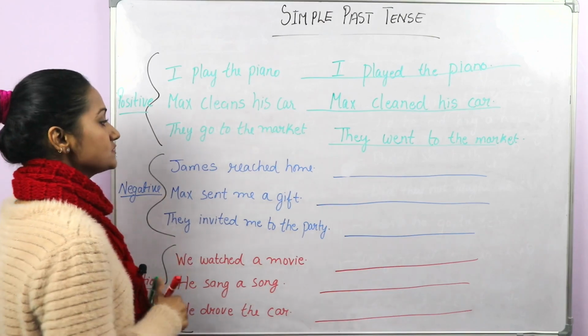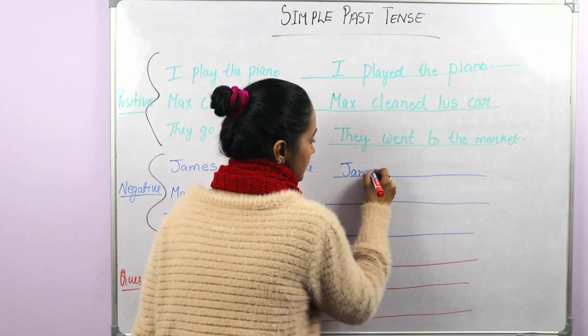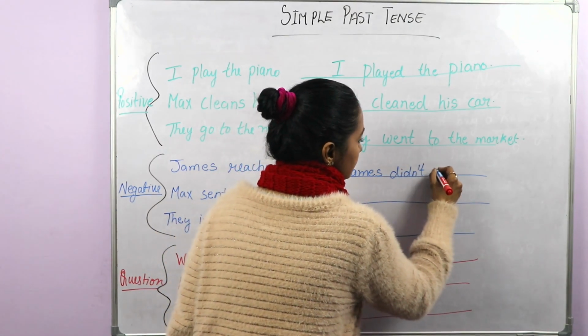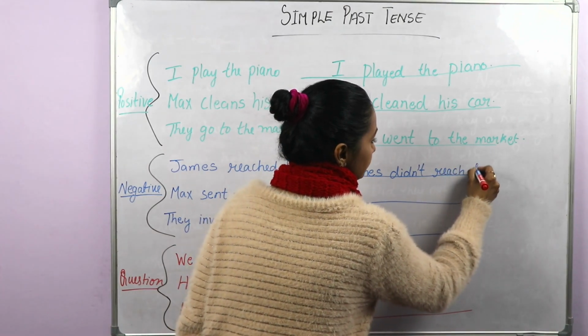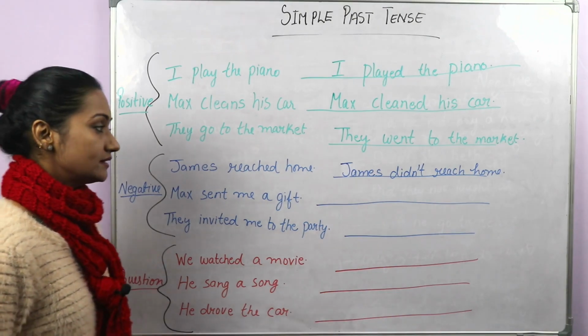First is, James reached home. James didn't reach home. Max sent me a gift.